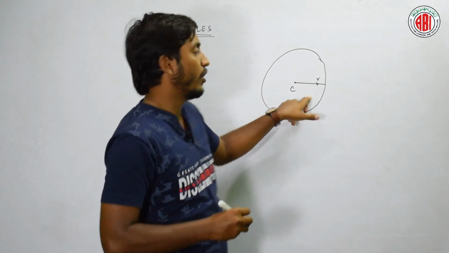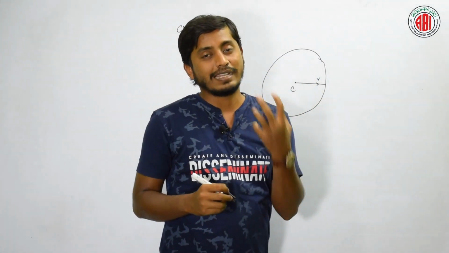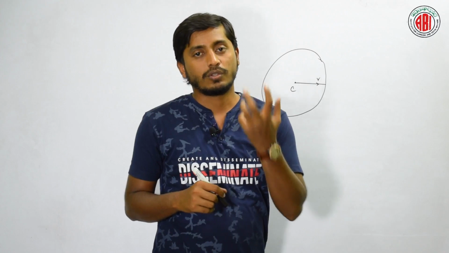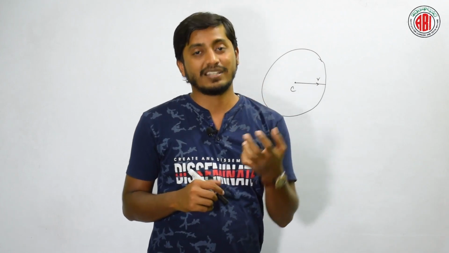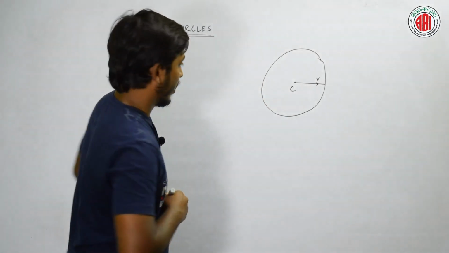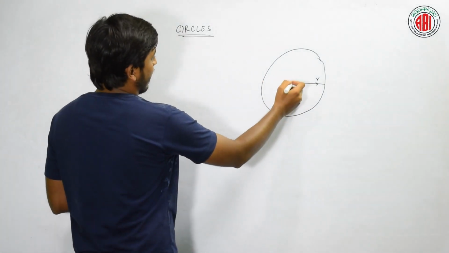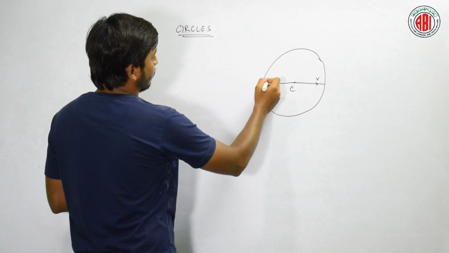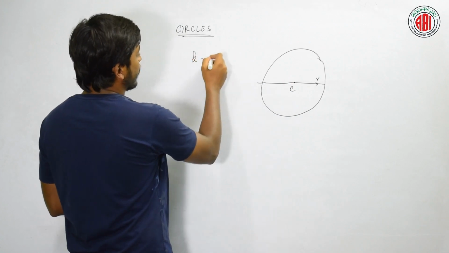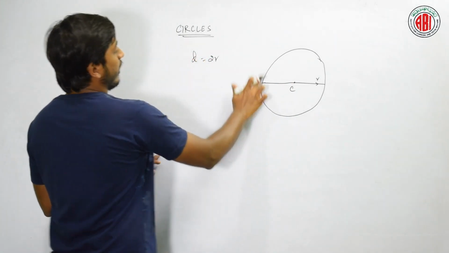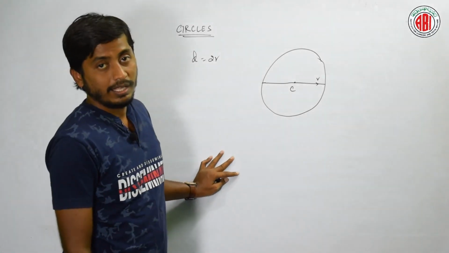We all know that there are a few parameters inside and outside the circle. What are the line segments inside the circle? The first is the radius, and the second is the diameter. A diameter is always double the radius.